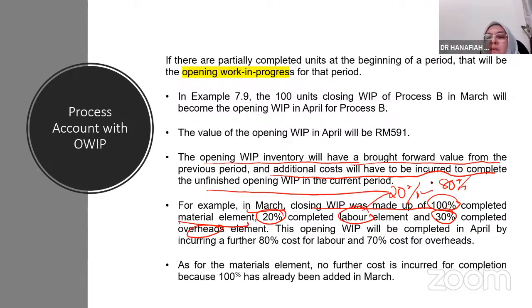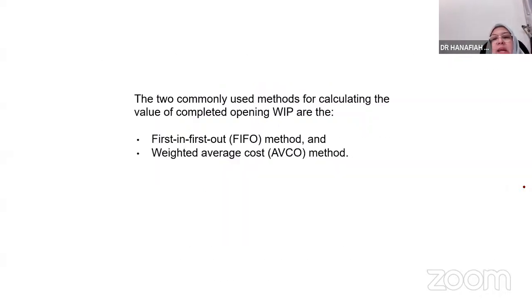And for overhead, you have done 30%, so the remaining is another 70%, which needs to be completed in April. Now let us look at how you want to do it. One is based on first in, first out, and another is based on the average method.